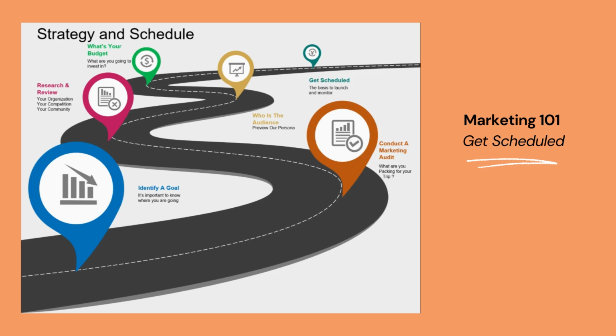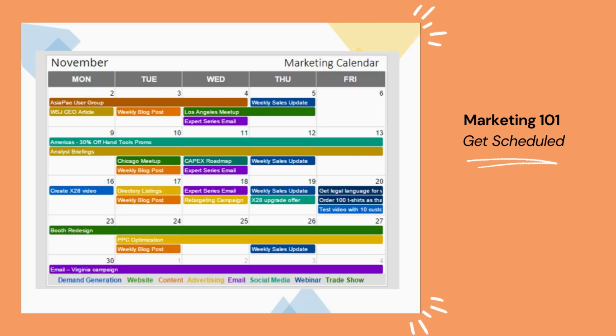The way that happens is by communicating your goals with your staff and having everybody focused to delivering that same message to that audience. And by doing that, we have an implementation schedule.